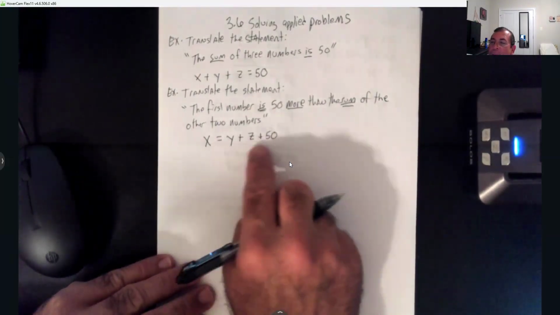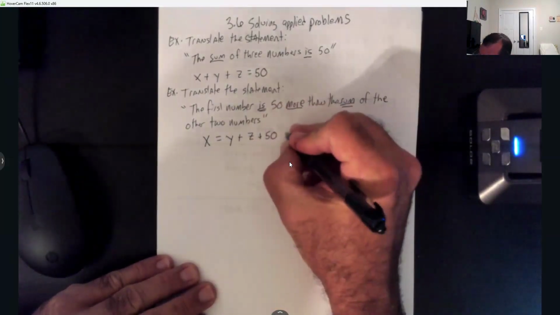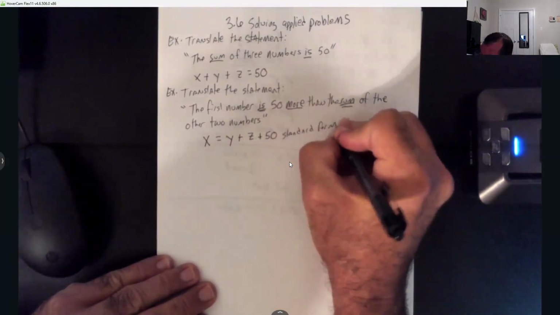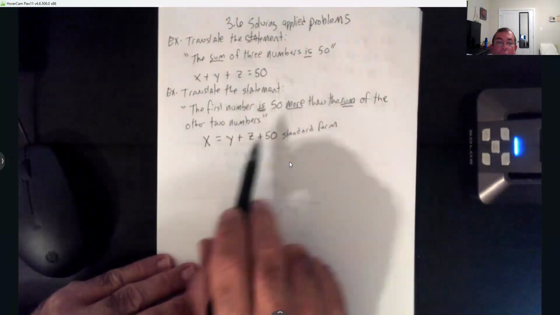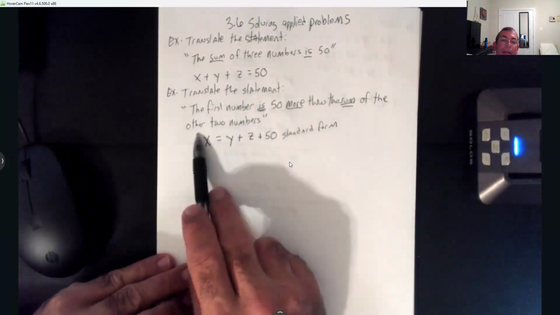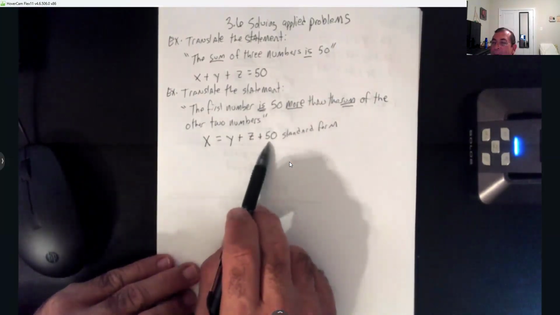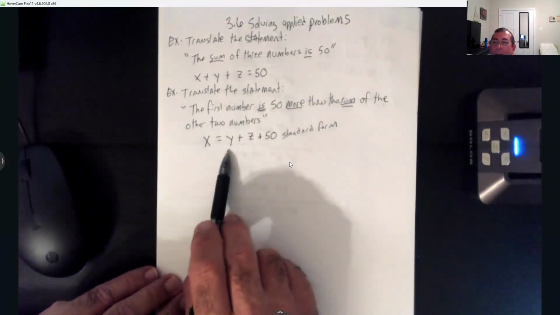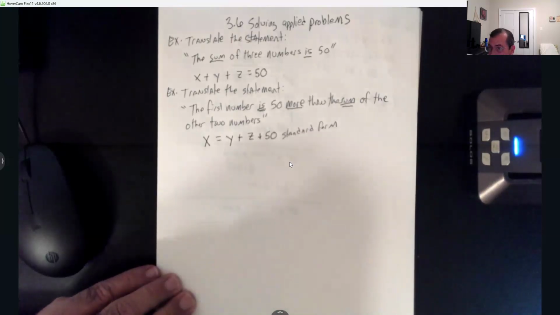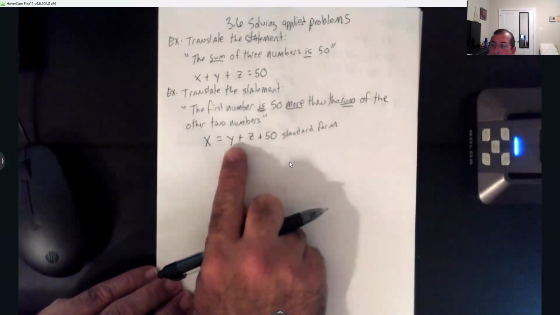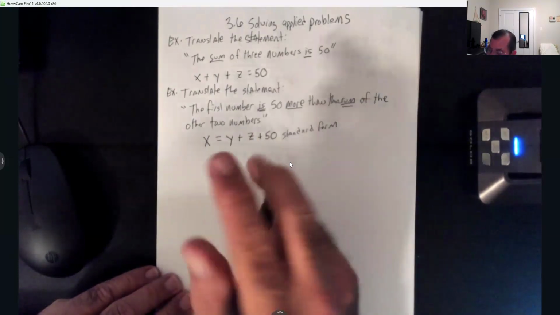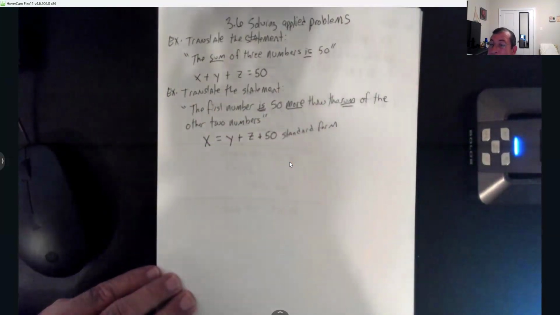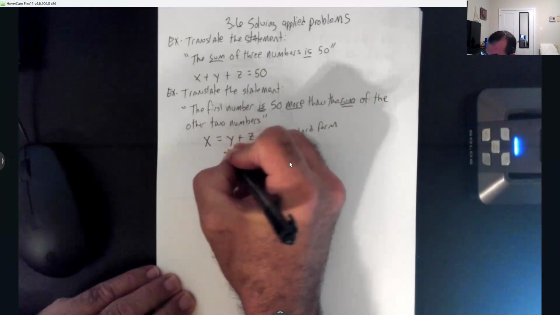Now, guess what? Although this is the right answer at the moment, we need to get this in standard form. Everything's got to be on this side except for that number. So if you want to move this y to the other side, what you doing to it? That's a positive y, so we're going to subtract a y from both sides.